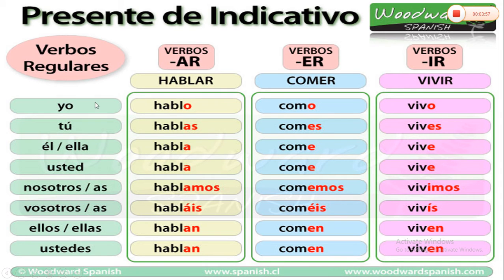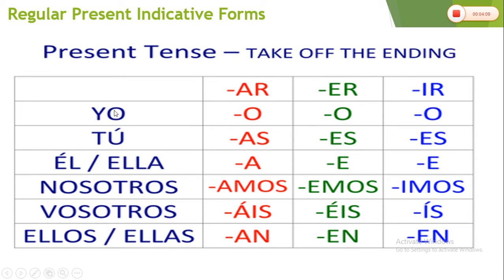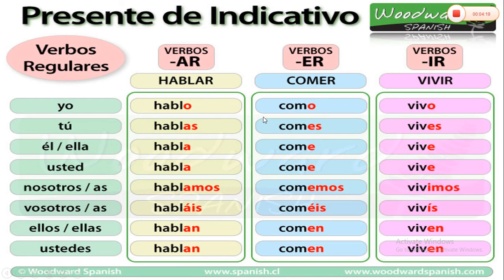According to the rule, if I say yo hablo, it means I speak. Now how did this O come? With yo and AR ending verbs, AR gets replaced with O. So it is yo hablo, I speak.